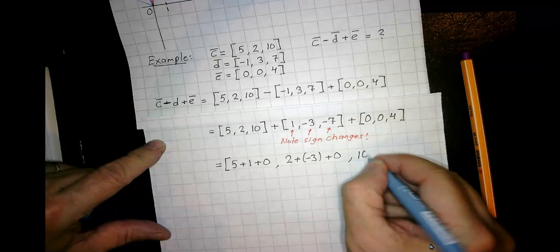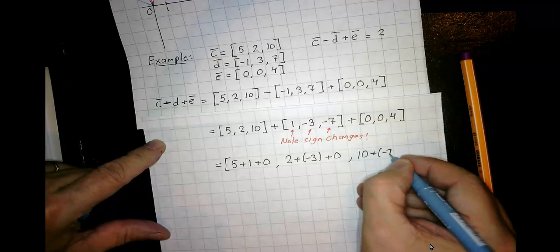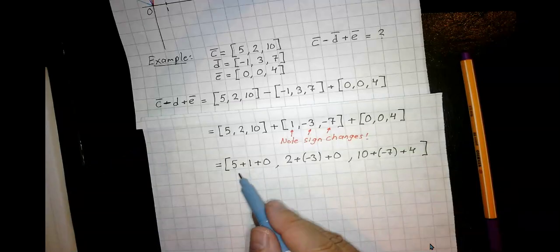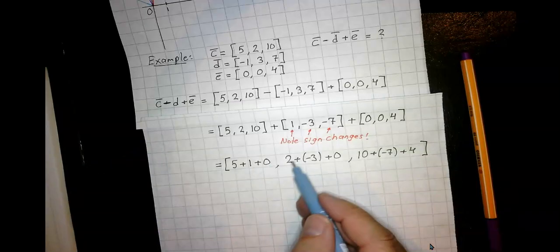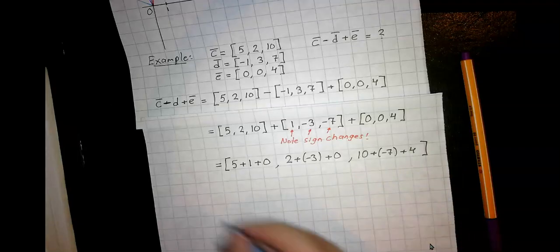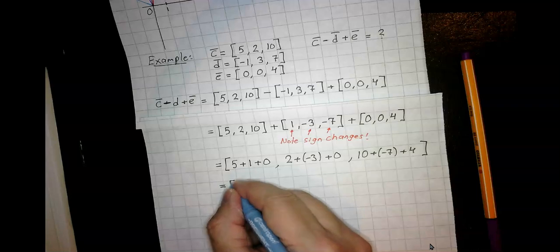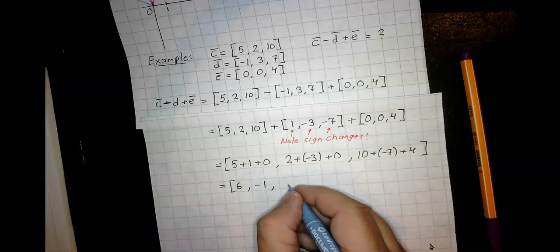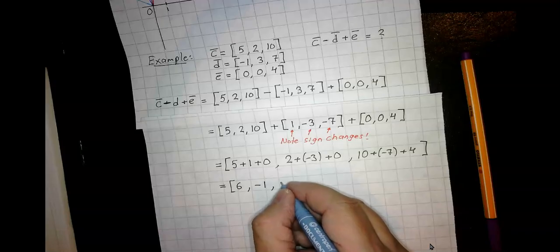And then we have 10 plus minus 7 plus 4. So here are first components, and here are second components, and here are third components. Then we just add 6 and minus 1 and I guess 7.